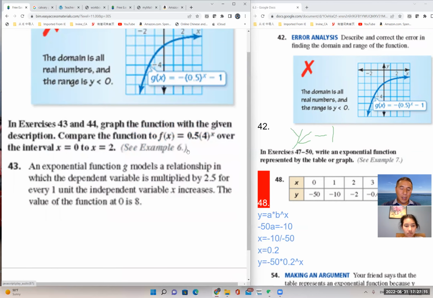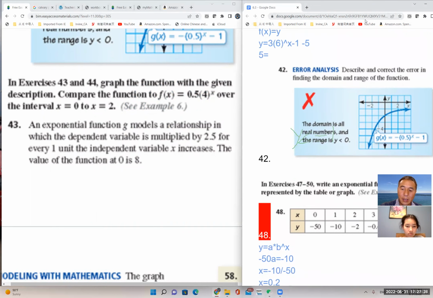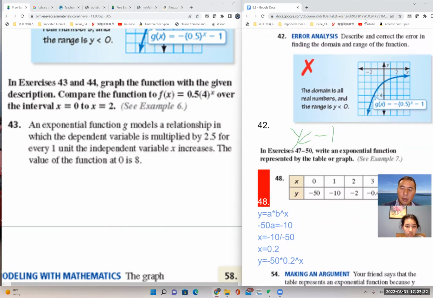But let's talk more here. Correct. But I want to mention, it looks like you just guessed it's y less than -1, right?